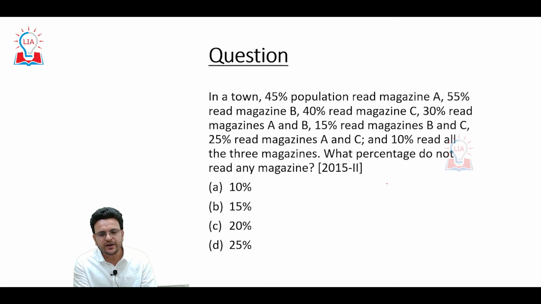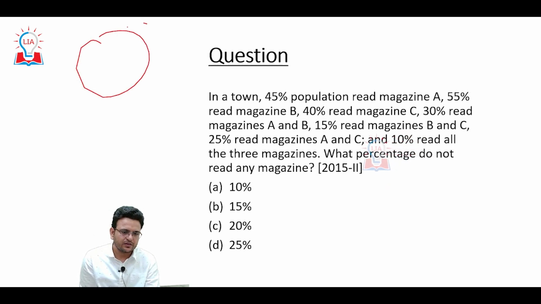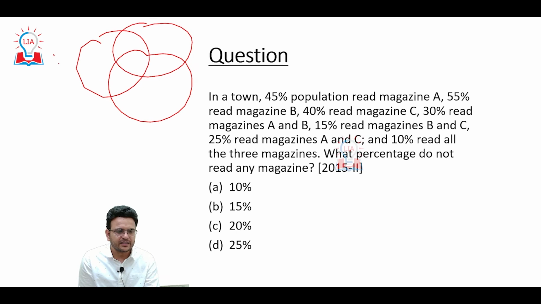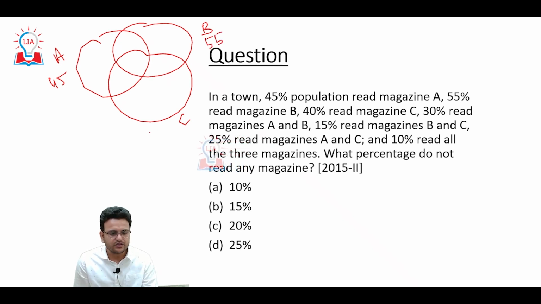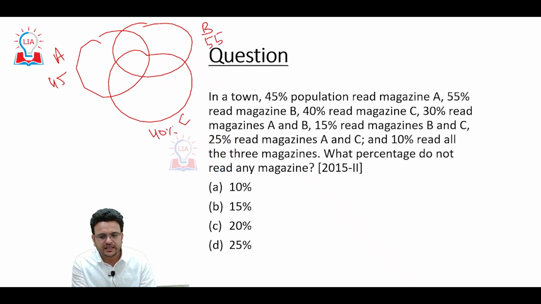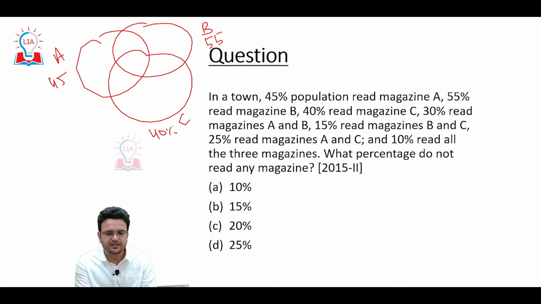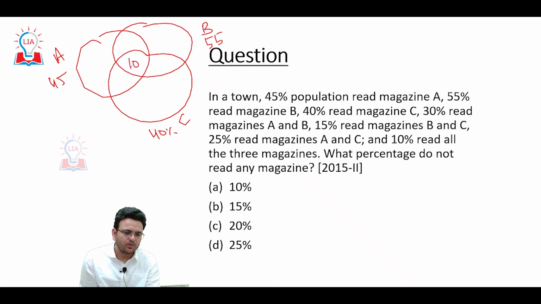In a town, 45% of the population read magazine A, 55% read magazine B, and 40% read magazine C. 30% read magazines A and B, 15% read magazines B and C, and 25% read magazines A and C. 10% can read all 3 magazines.